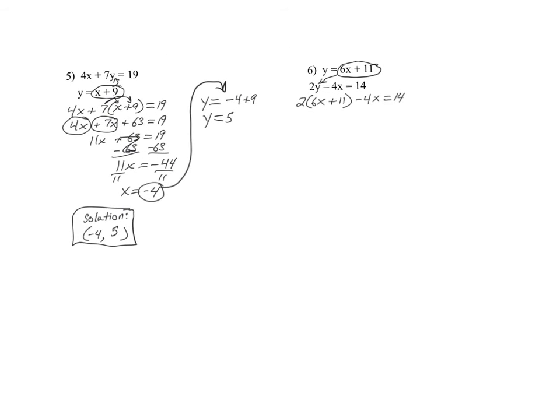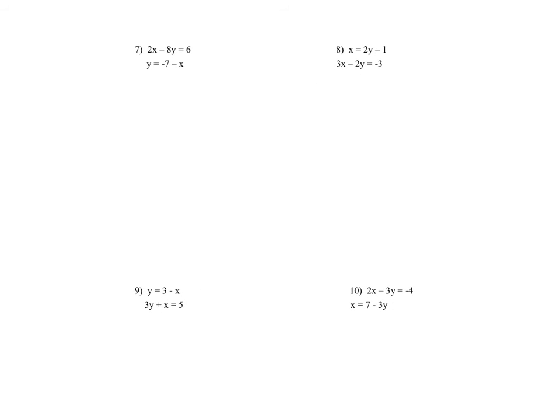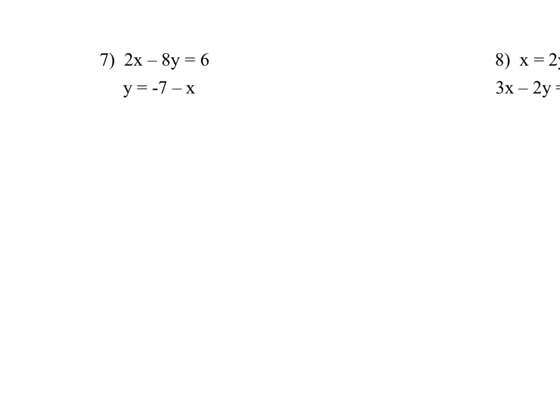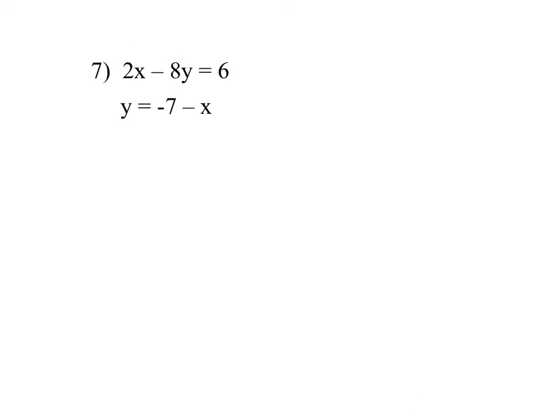Now this leads me to the next page. There are 4 problems on this page. And every one of these problems is roughly the same process. They're giving us y is equal to, or x is equal to. So this goes in place of the y.